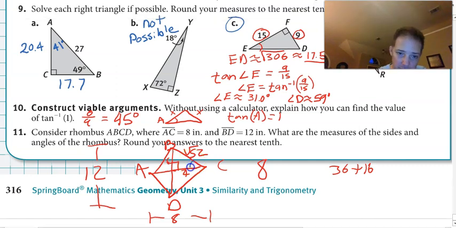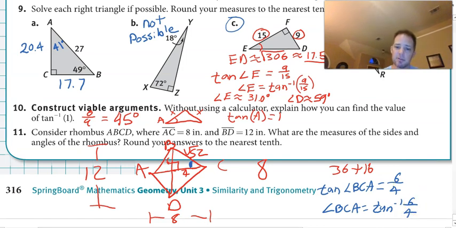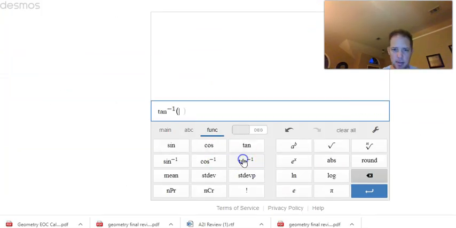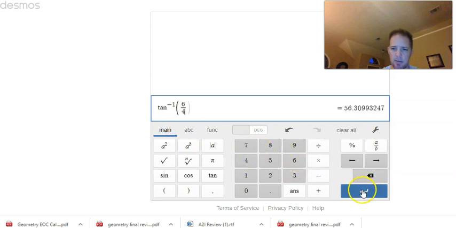Let's say I wanted to solve for this one, and let's call that angle BCA equals opposite over adjacent, so 6 over 4. So angle BCA equals tan inverse of 6 over 4, which is 56.3 degrees.